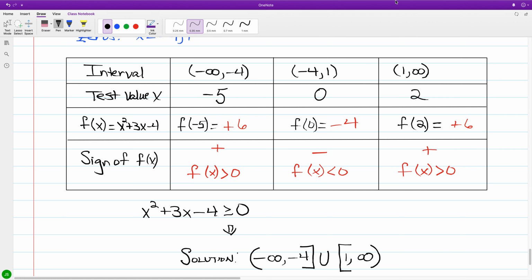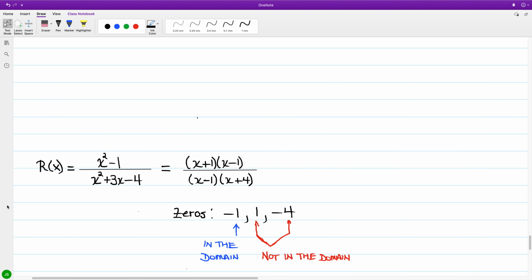Okay, for problems 11 and 12, we're working with a rational function, x squared minus 1 all over x squared plus 3x minus 4. To determine the zeros, I set the expression in factored form.